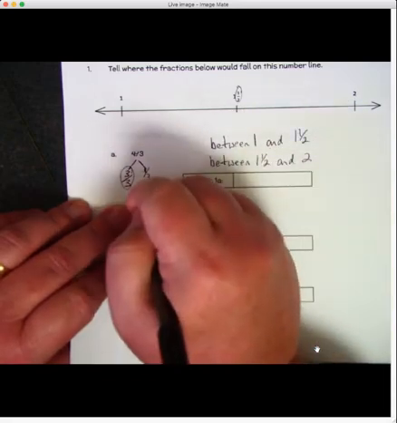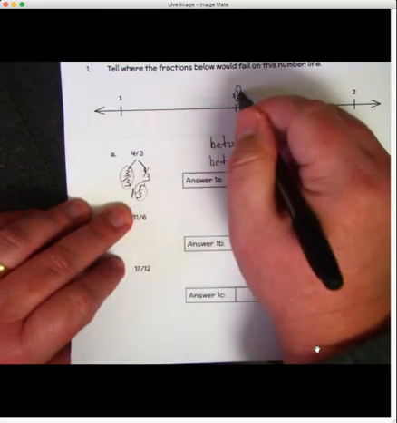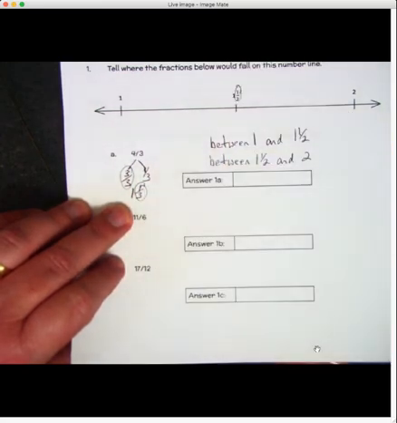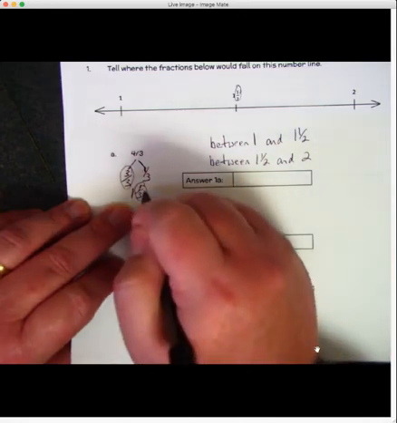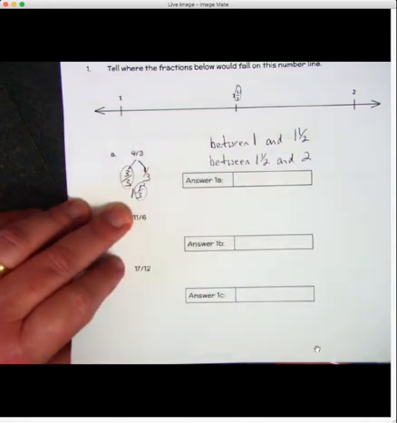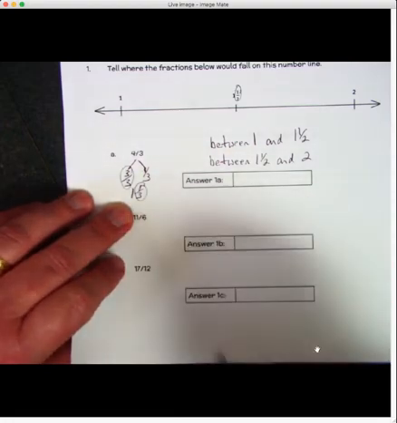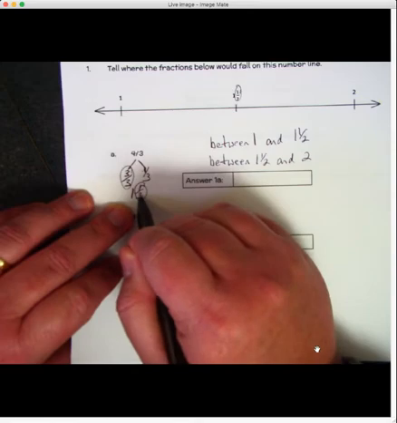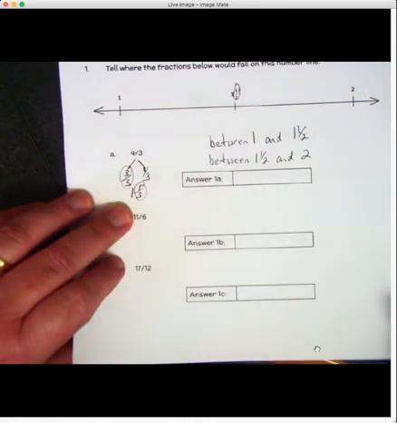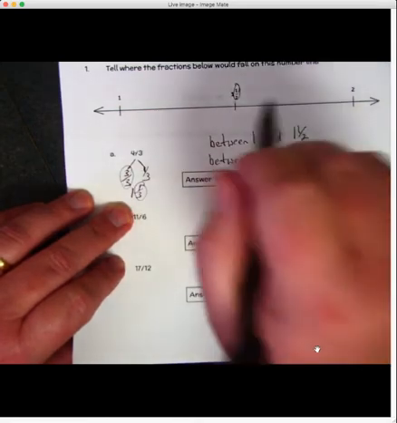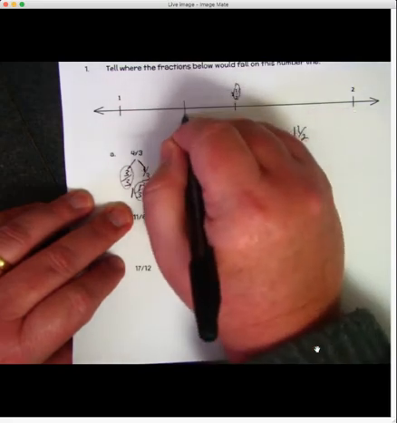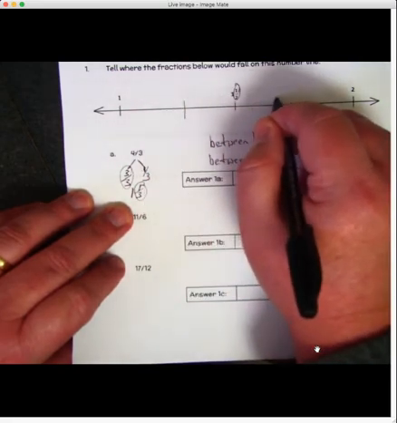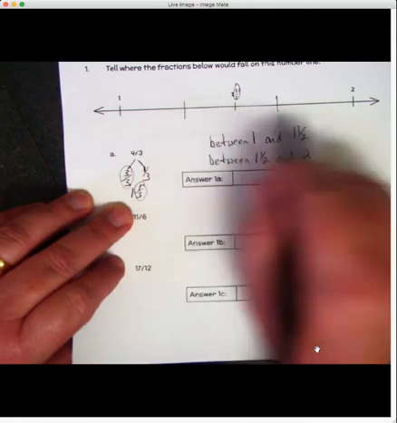Okay, this is where we've got to compare 1/3 to 1/2. Okay, so let's think about half of. This gets me confused too. Let's think about the denominator, thirds and halves. If we do thirds, then I've got to split this number line into 1, 2, 3 pieces. 1, 2, 3.